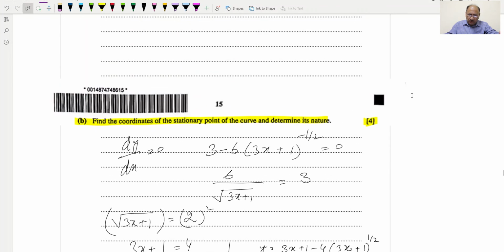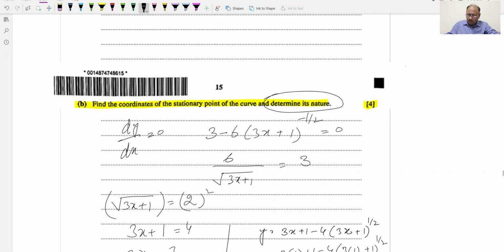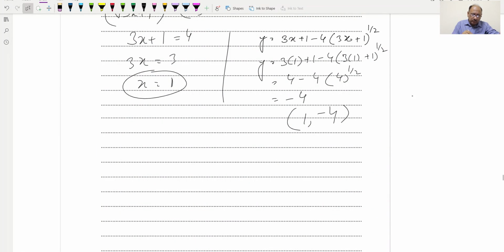Now they are asking to find the coordinates of the stationary point on the curve and determine its nature also. See, this is the nature also, because this is a 4 mark part. So we will be finding d2y over dx square at x is equal to 1. d2y over dx square is 9 into 3x plus 1 raised to minus 3 by 2, and at x is equal to 1 we will replace x as 1.